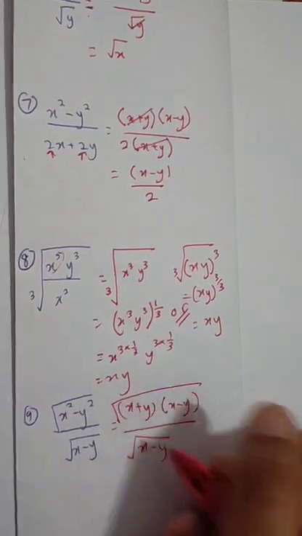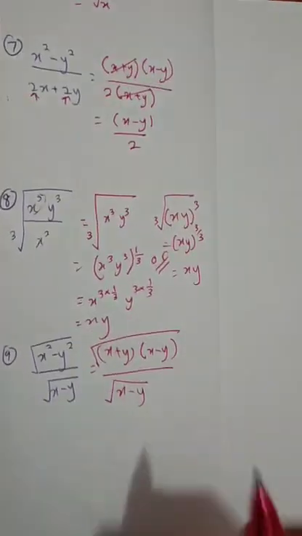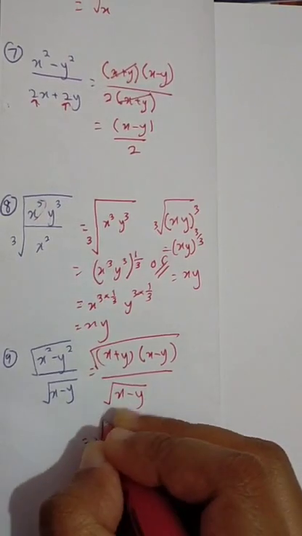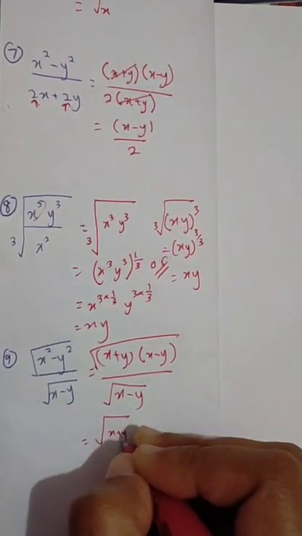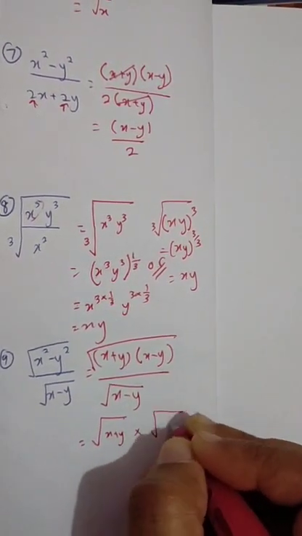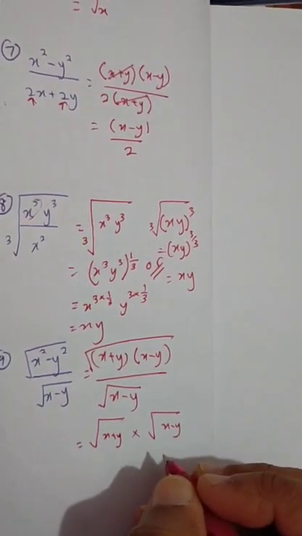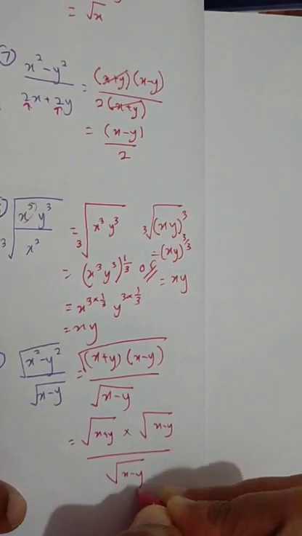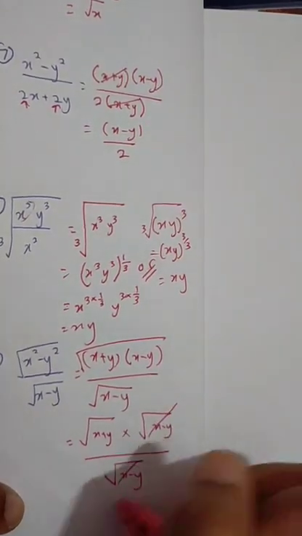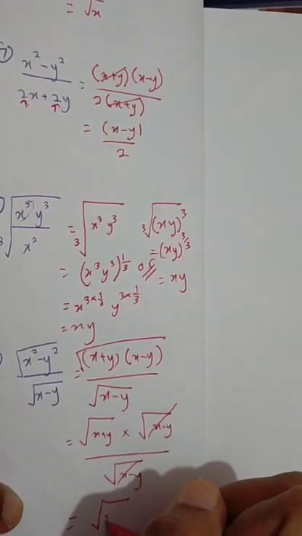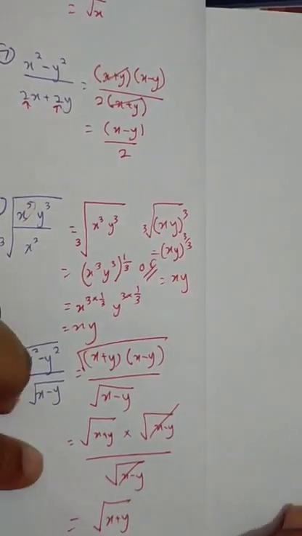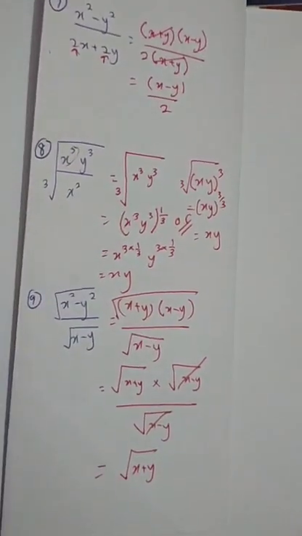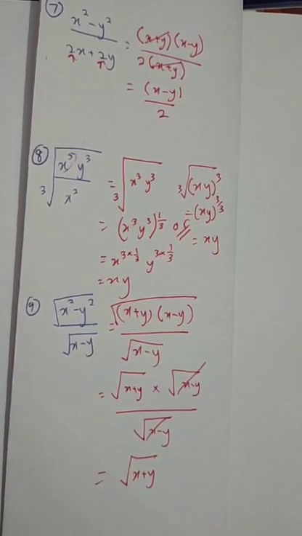Since this is a bracket, it means multiplication, so I can do (x + y) times (x - y) over the square root of x minus y. So I can cancel this. I will get x plus y. Okay, so I think so far it's clear.